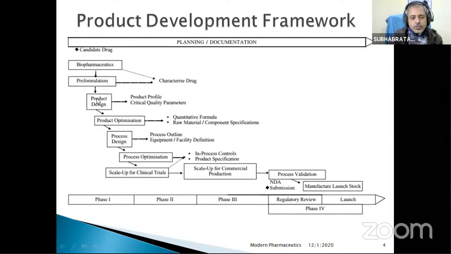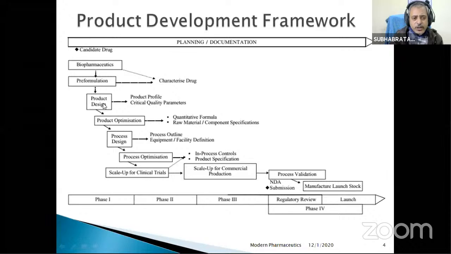So we need to do a lot of pre-formulation studies and we require a significant quantity of the drug candidate, but because the synthetic route has not yet been optimized and production is not running at full capacity, naturally the quantity of API available to the pre-formulation scientist is limited.